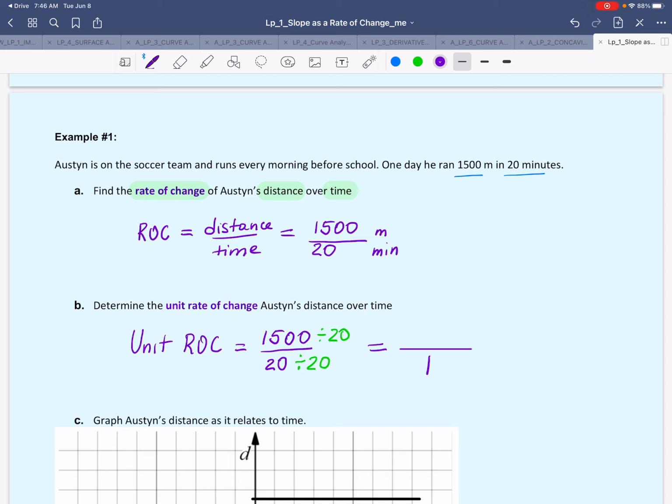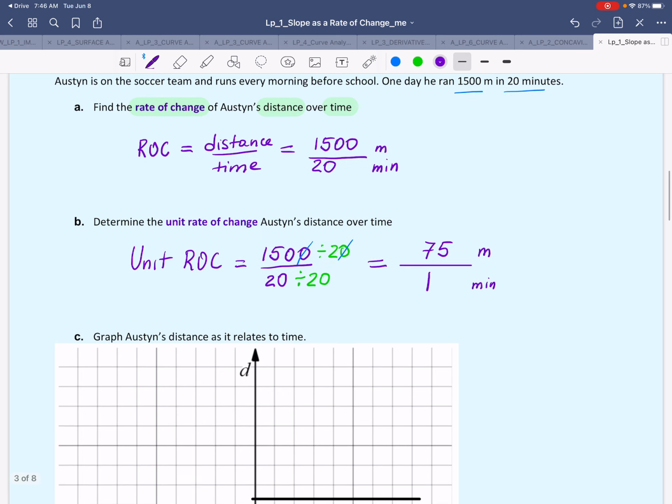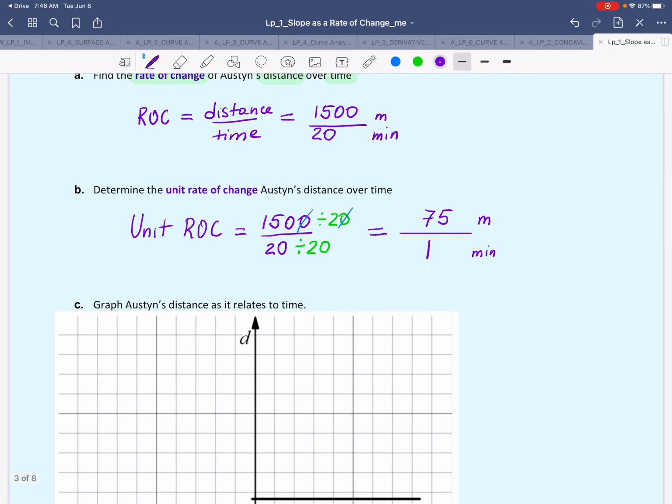I know that we can use our fancy calculators, but whenever possible, try to do some mental math as well. It keeps our brain on the go. So 150 divided by 2 is 75. So we'll say that the unit rate of change is 75 meters per minute. And now we'll know that Austin has been running 75 meters every minute.